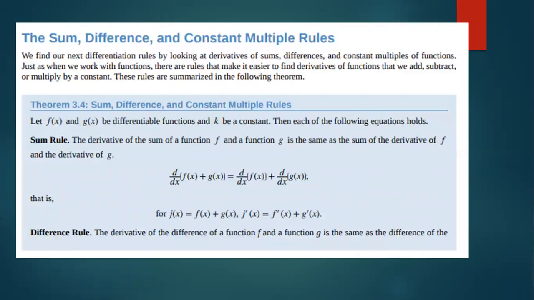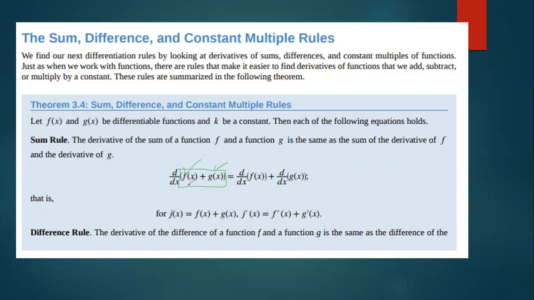Okay, now the sum, difference, and constant multiple rules. To find the derivative of a sum or difference, if there are two functions f(x) and g(x) added together, there is a sum sign between them.